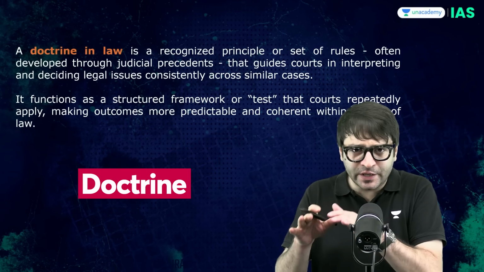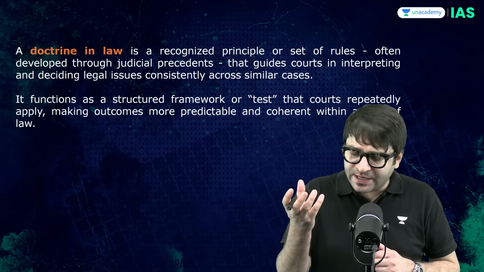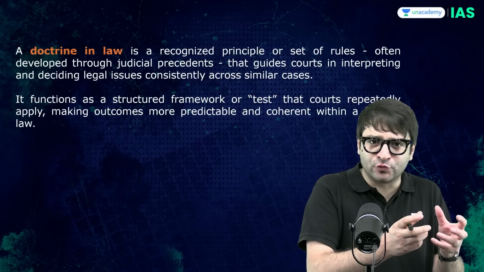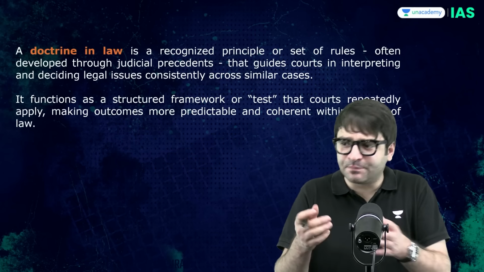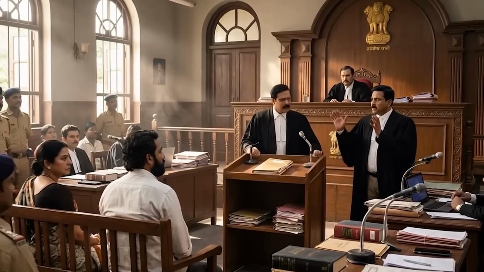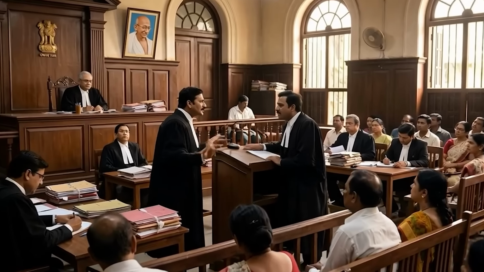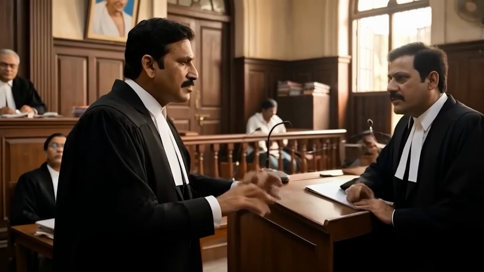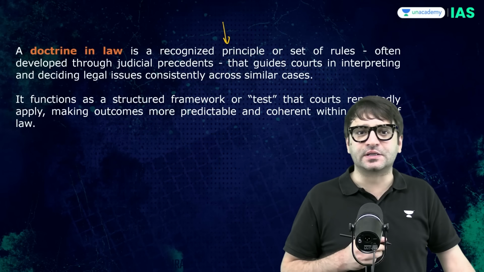A doctrine in law is a recognized principle or set of rules. These set of rules are often developed by the judiciary. Why? So that when a case appears before the court and the court has to decide this case, the court will use these set of rules or this important principle to decide this particular case.